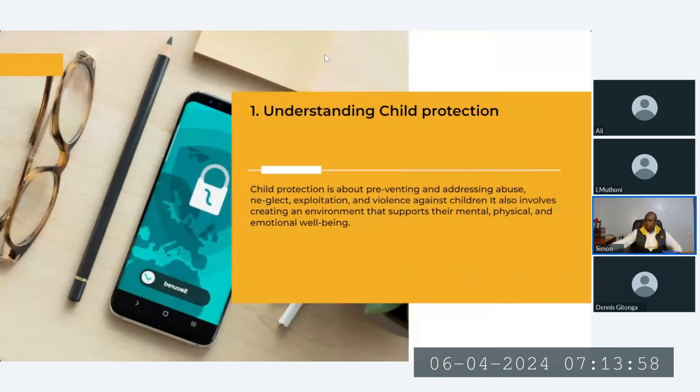The first part of this webinar will be solely to understand, or kind of remind you, what child protection is before we get into the real details on how to protect our children. So child protection is actually defined as a way to prevent our children from getting abuse, making sure that they are not neglected or exploited, or any violence done against them.